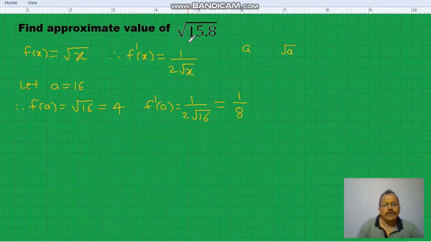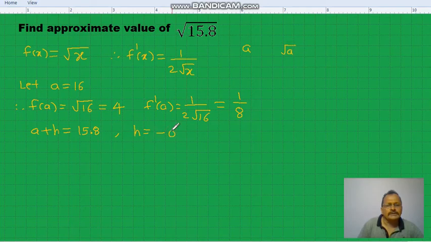Now we want square root of 15.8, so we have to select the value of h. A plus h should be 15.8. We have taken a equal to 16, and therefore h must be minus 0.2, and therefore a plus h will become 15.8.